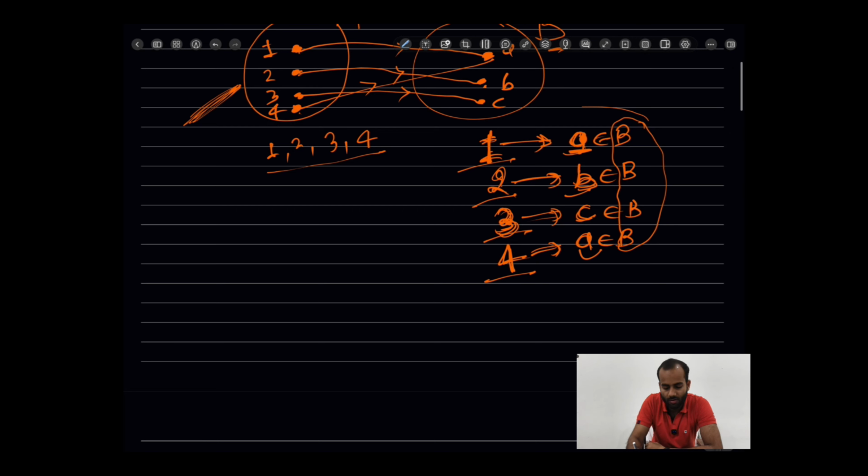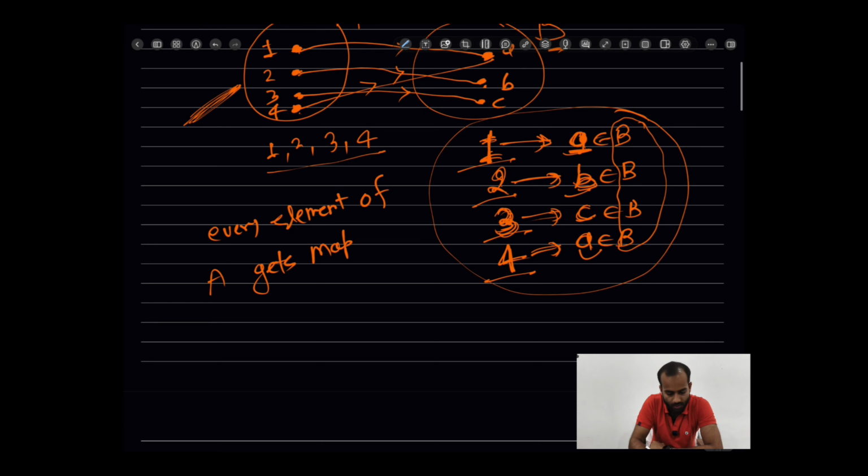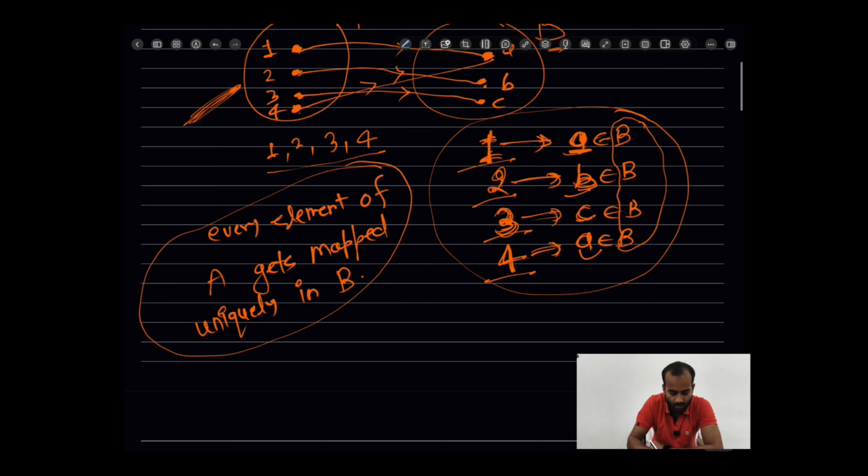So this type of relation where every element of A gets mapped, or gets a value, uniquely in B, this type of relation is called a function.